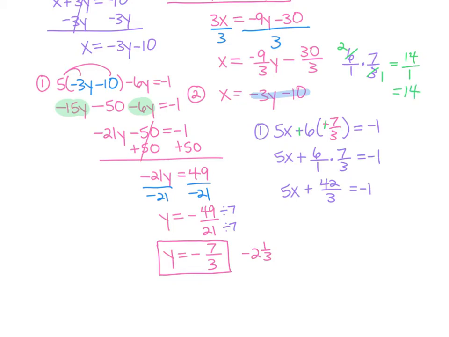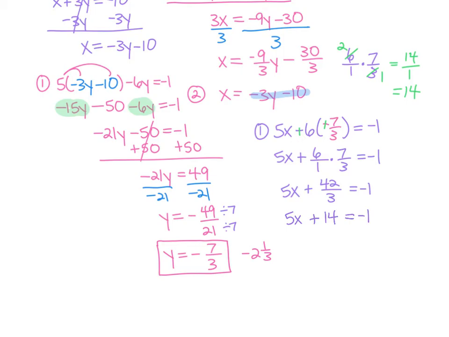So that actually equals 14. So that's the same thing as if I went down here and I did 6 times 7 is 42, 1 times 3 is 3, and then if you get a calculator, 42 divided by 3 is 14. So it's plus 14. So 5x plus 14 equals -1.